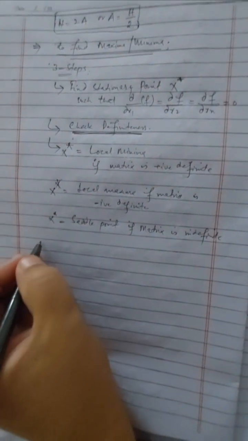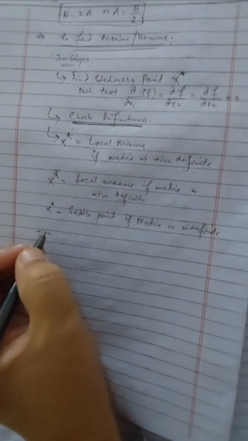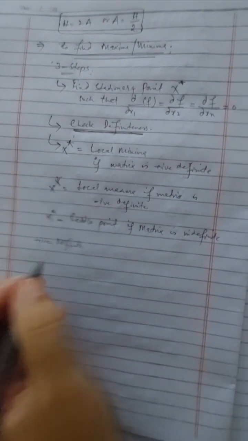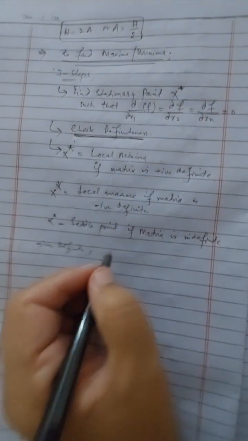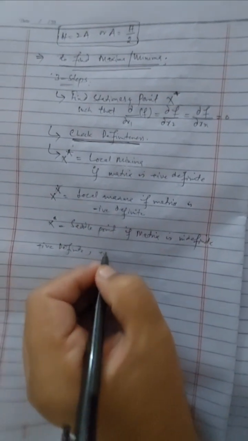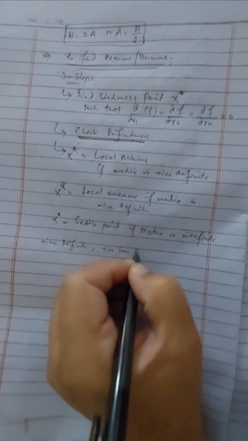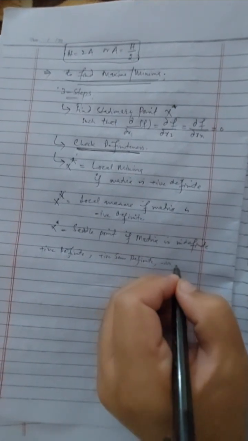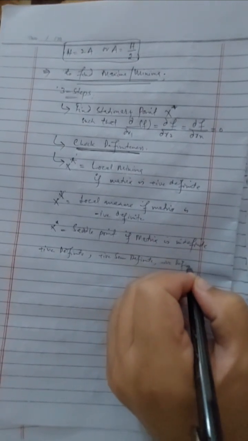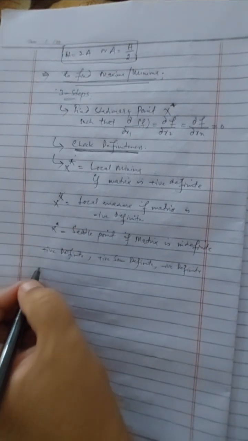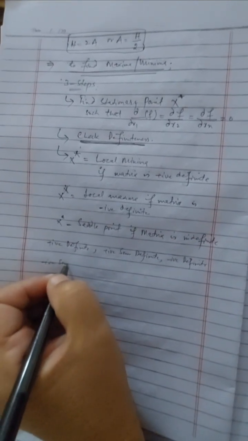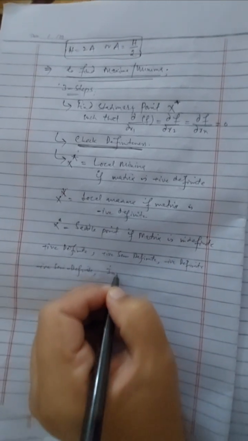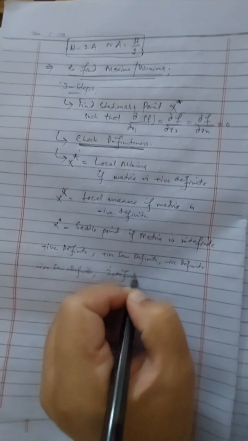We have the positive definite, then positive semi-definite, negative definite, negative semi-definite, and the last one is indefinite.